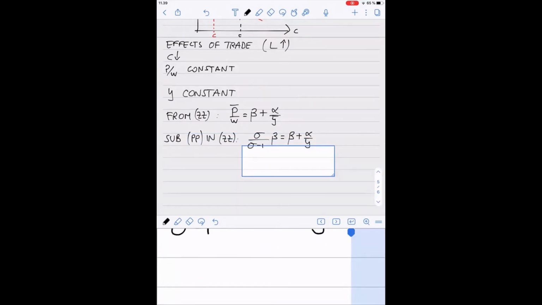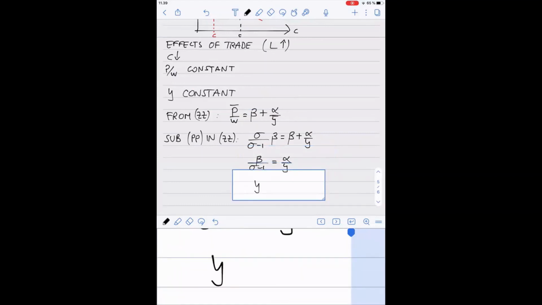So what you basically get is beta over sigma minus 1 equals alpha over y, and therefore y equals alpha over beta times sigma minus 1.